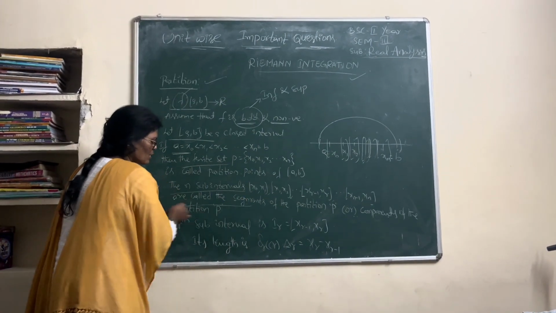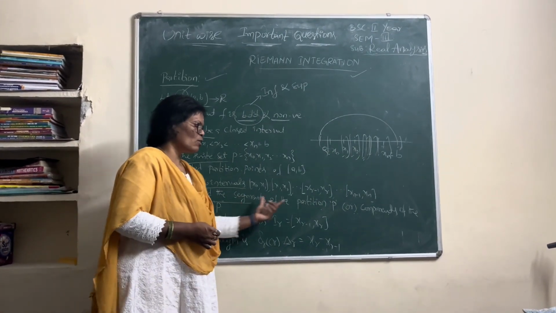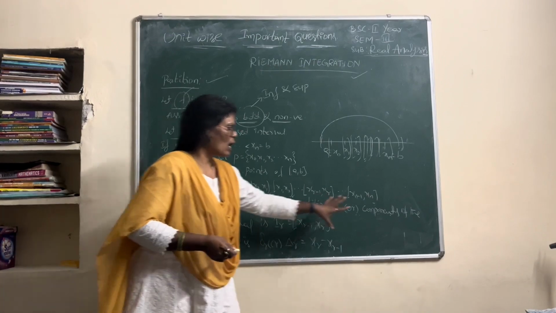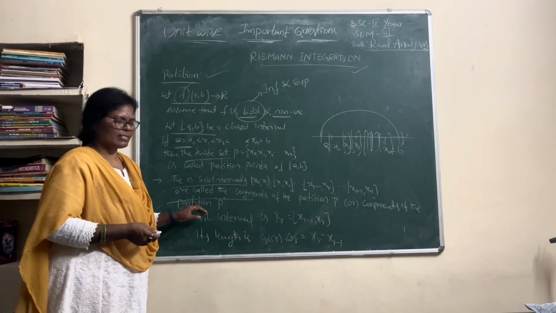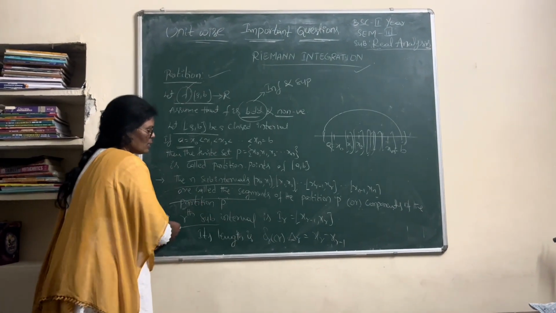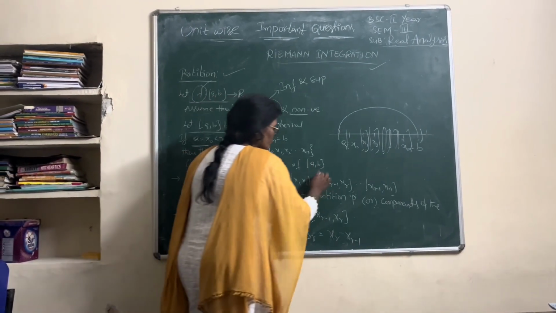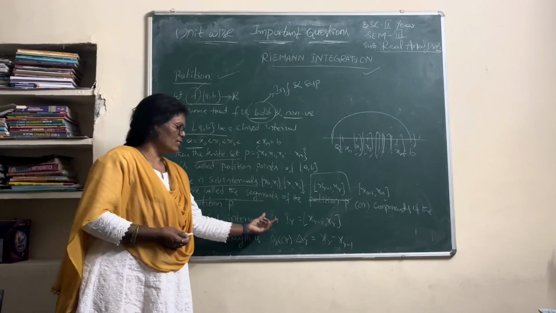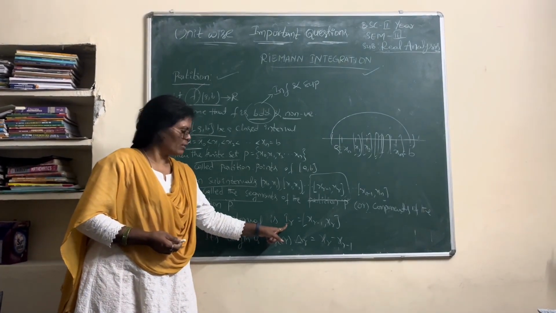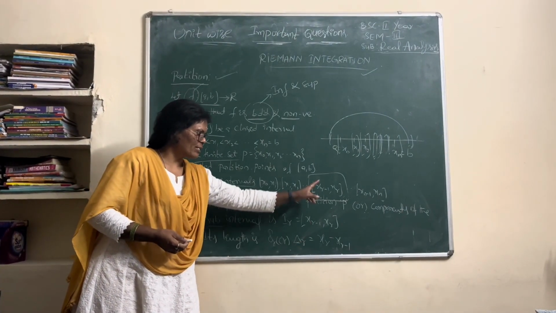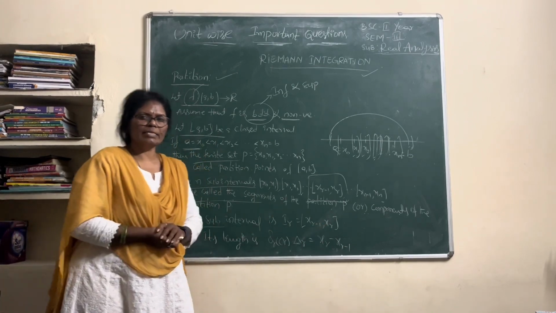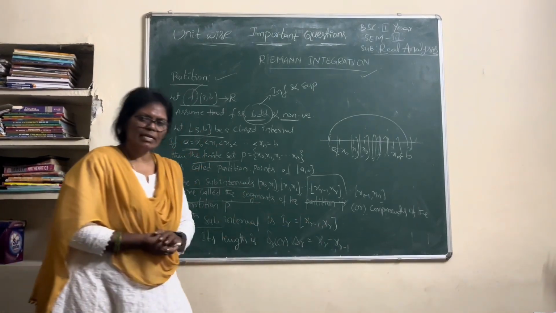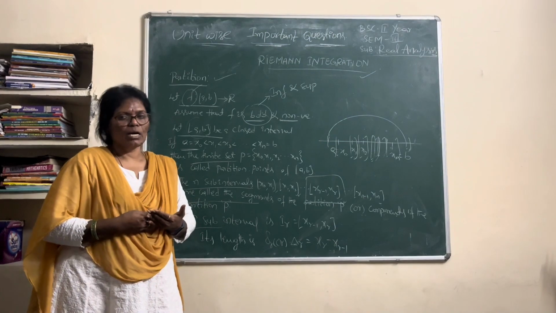These are called the segments of the partition P, or components of the partition P. Here the rth subinterval we denote by Ir, and that is [x(r-1), xr]. Its length is the upper limit minus the lower limit.